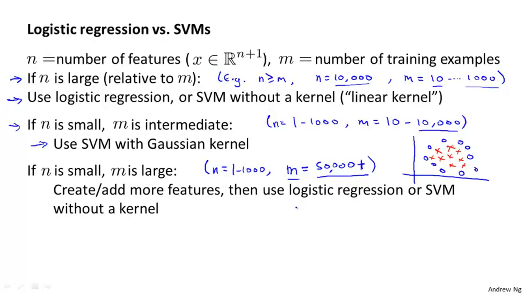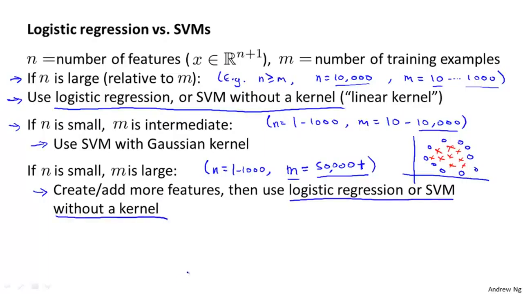So in that case, what I would usually do is try to just manually create or add more features, and then use logistic regression or an SVM without a kernel. In case you look at this slide and see logistic regression or SVM without a kernel, in both of these places I paired them together. There's a reason for that: logistic regression and SVM without a kernel are really pretty similar algorithms.